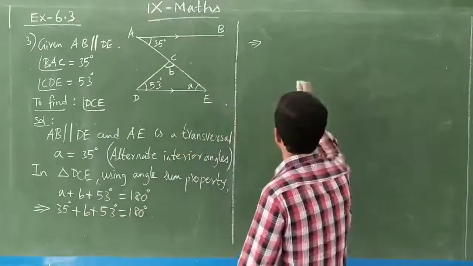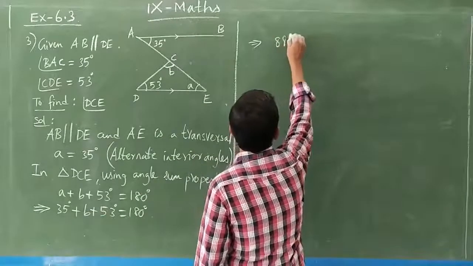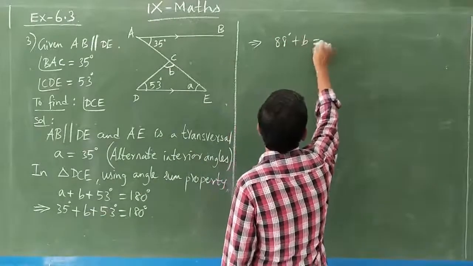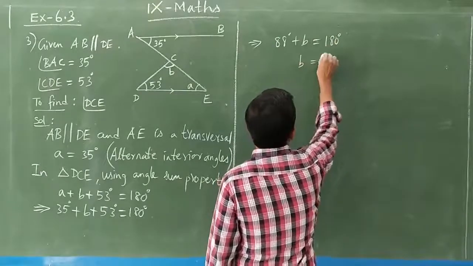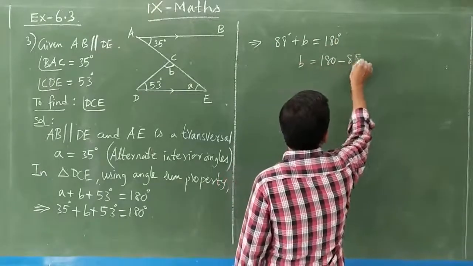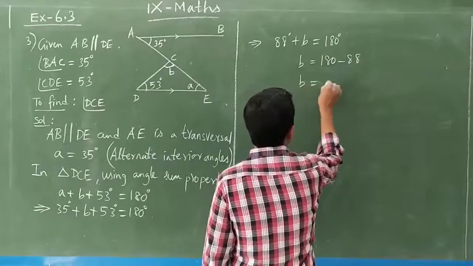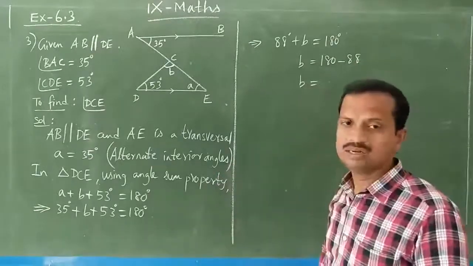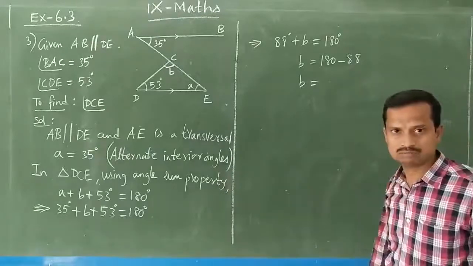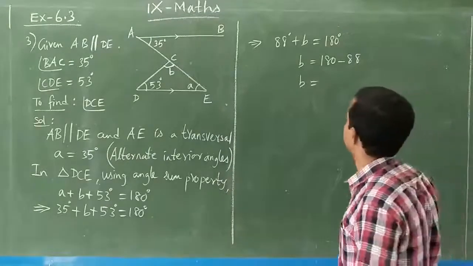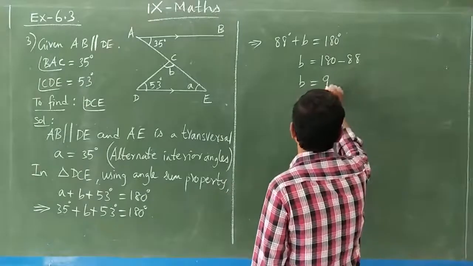Right? 88 degree plus B is equal to 180 and B is equal to 180 minus 88. If you subtract 80, it becomes 100 and further 8 means then you get 92.